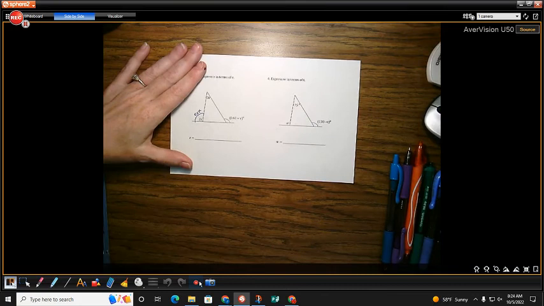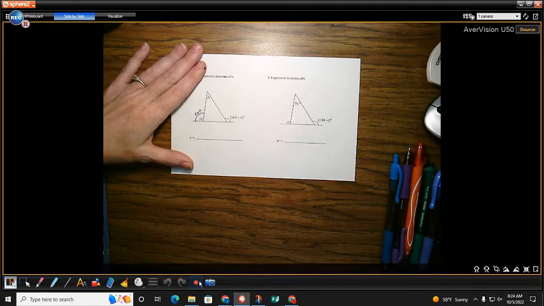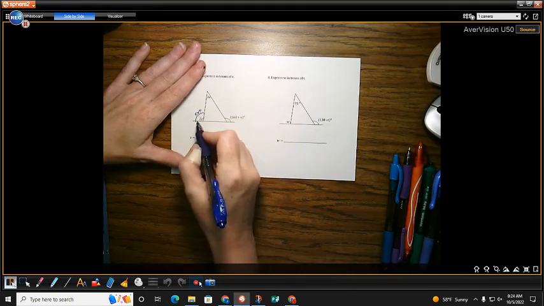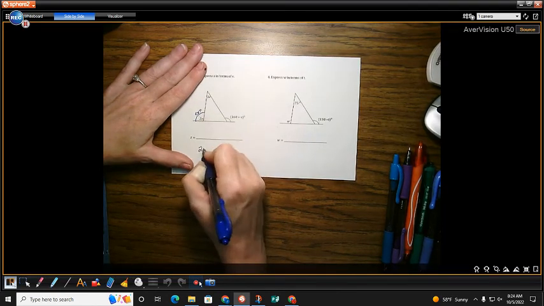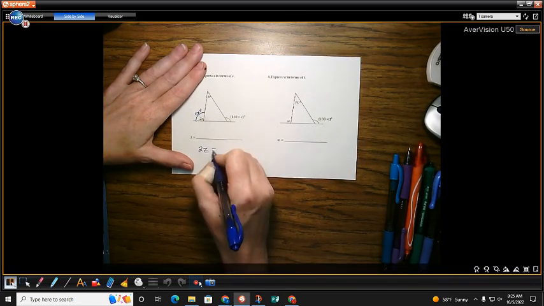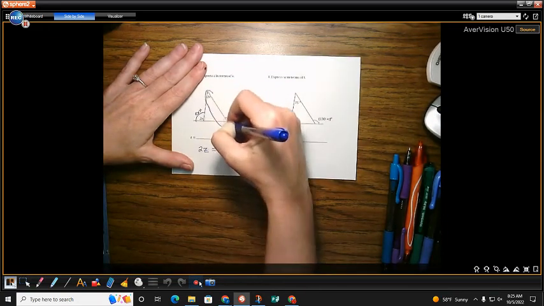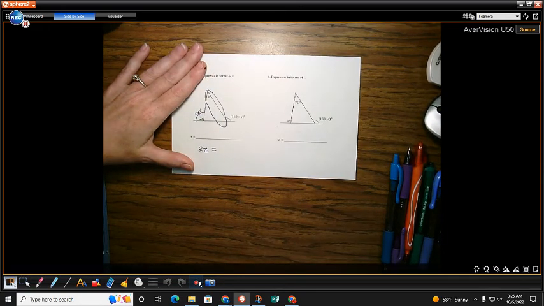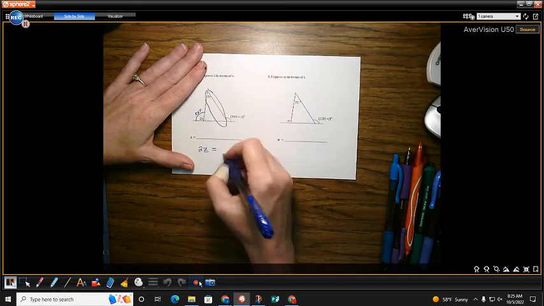So what am I going to do? Start off doing the same thing. This exterior angle, 2z, still equals the sum of my remote interior angles. It still works the same way.